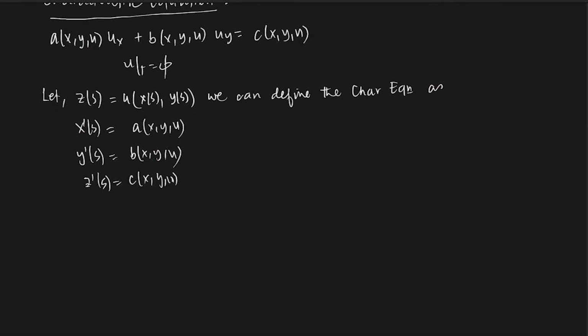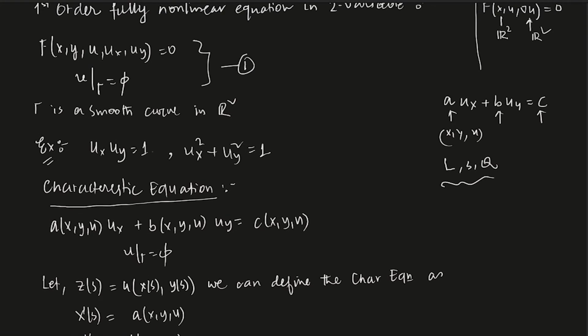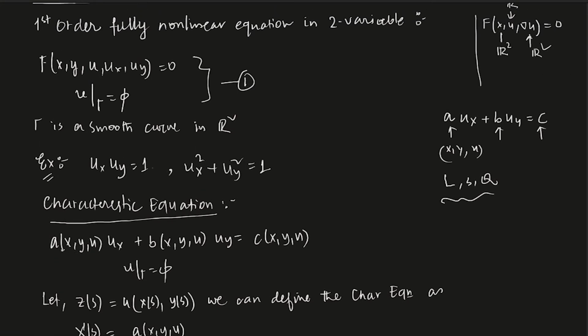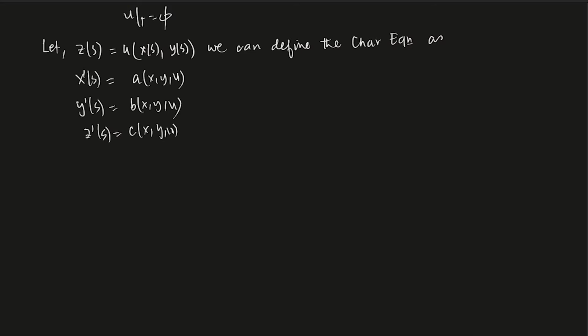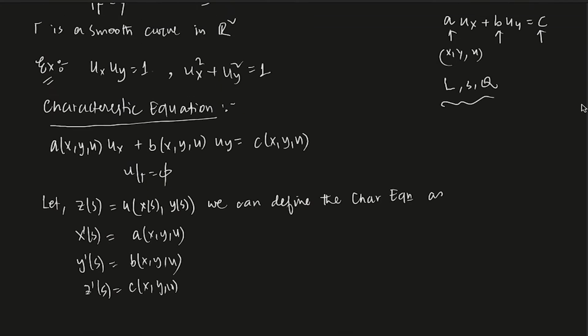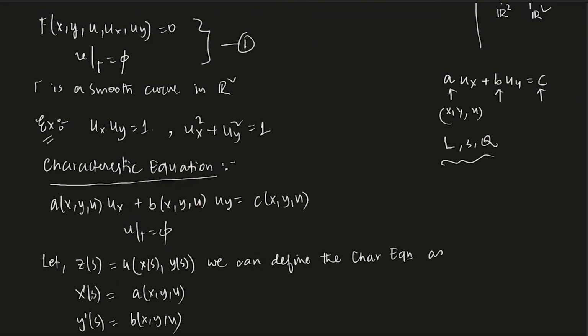Now you can of course realize that this equation can be written in this form, for some f and phi. Now the thing is, we are going to take our q from here and write down the characteristic equations for our original fully nonlinear problem. You understand what I'm saying?